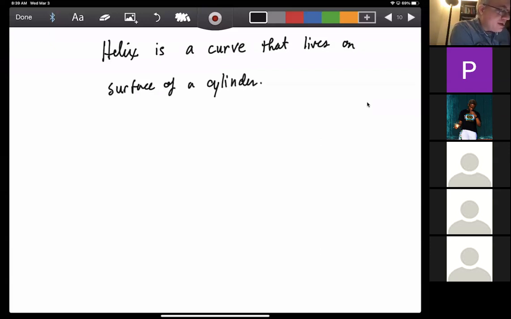And this is not the only curve that might live on the surface of a cylinder, but it's a specific type of curve.